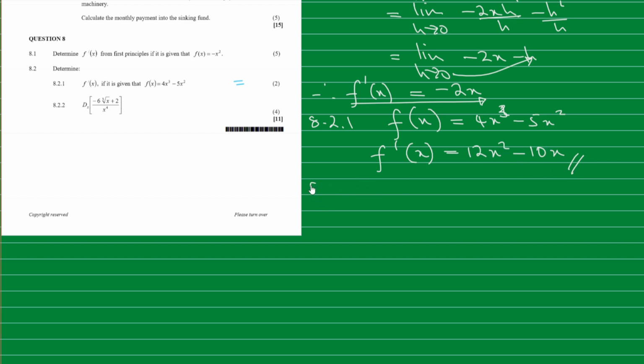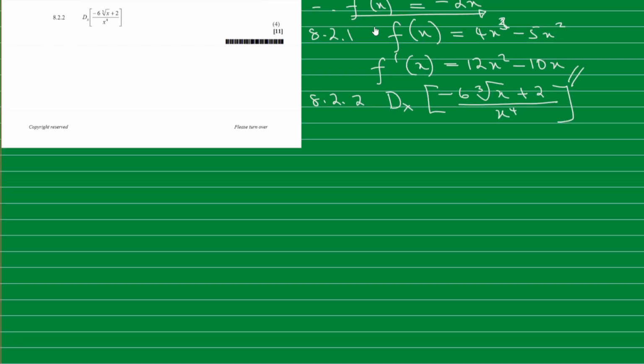Then the second one, 8.2.2, which is the derivative of the function negative 6 times the cube root of x plus 2 divided by x to the power 4. This needs to be manipulated a little bit, so prepare it so that we can differentiate.